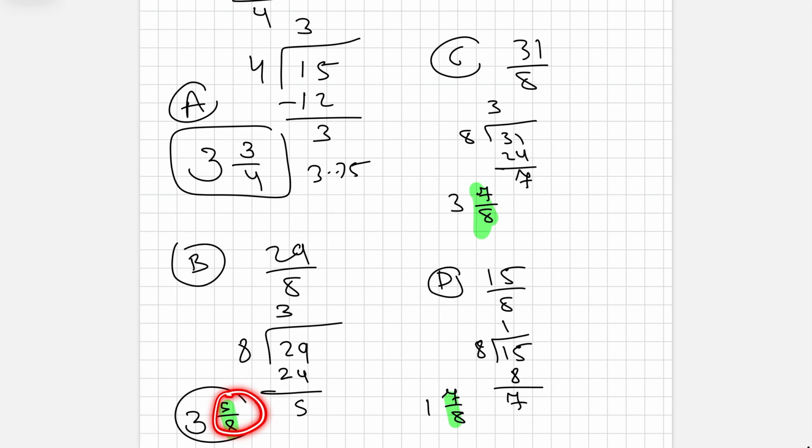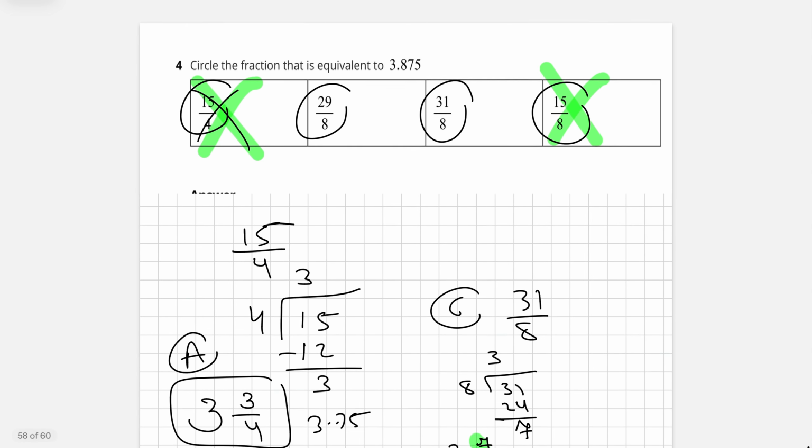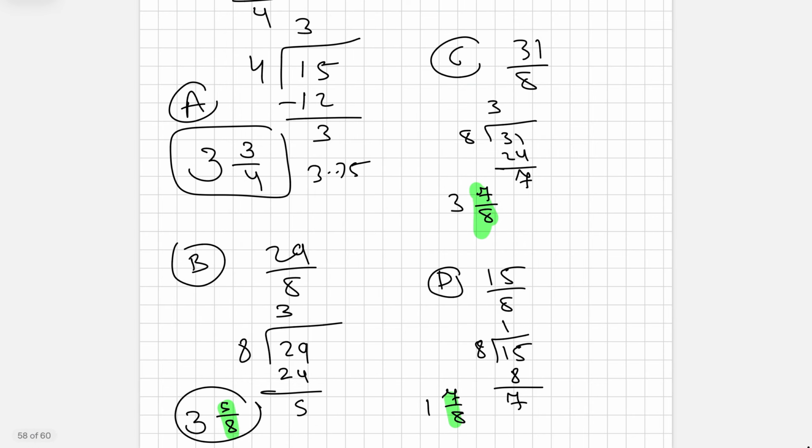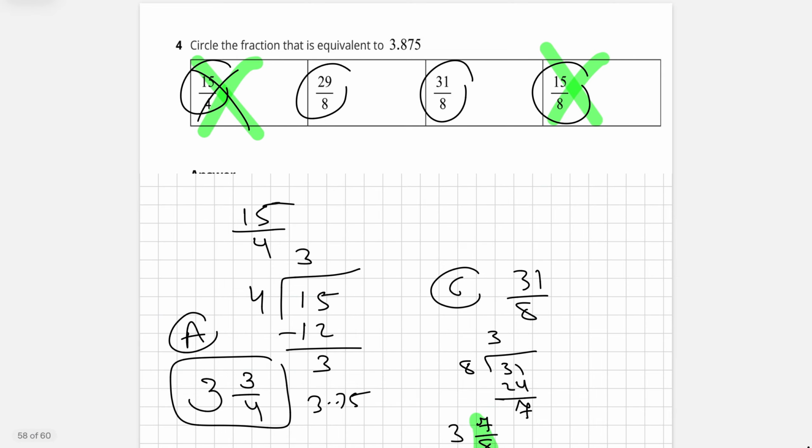So which of these is giving me 0.875? In your calculator, you can use long division if you don't have a calculator. After you do that, you will see that the answer, without any doubt, is C. 7 over 8 is the one that gives 0.875.